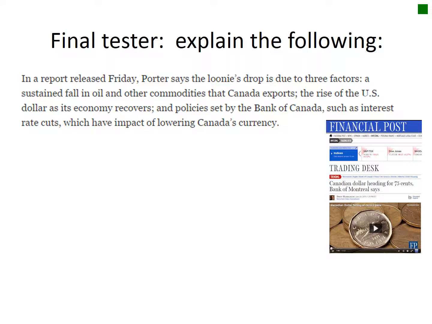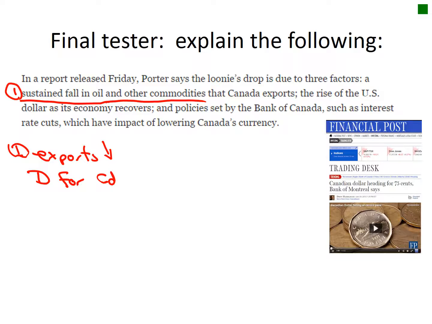So if we look at the three things, the sustained fall in oil and other commodities. So if we are exporting less, so let's call this one. If we're exporting less, because the price of exports has gone down, then other countries demand our dollar less because they're buying fewer exports, and so the currency depreciates.